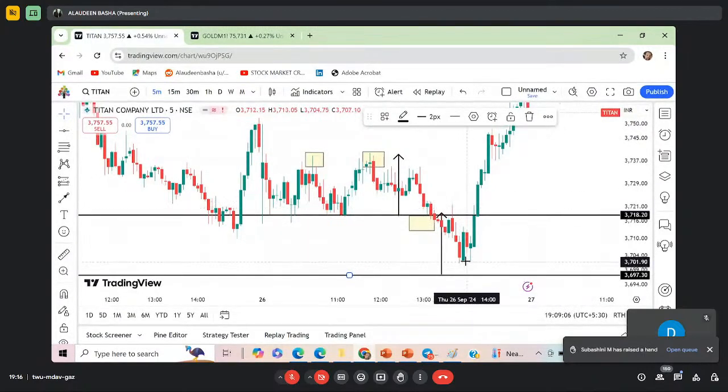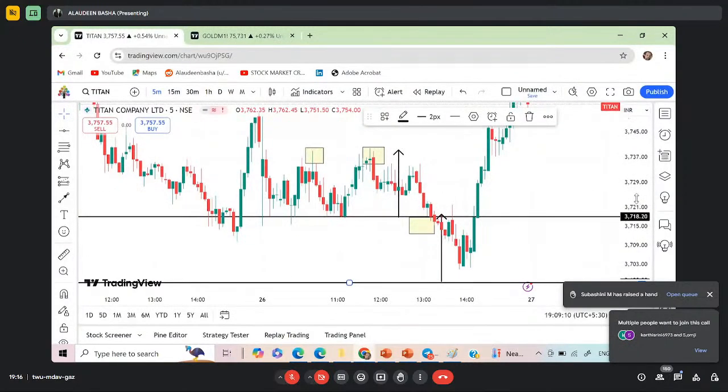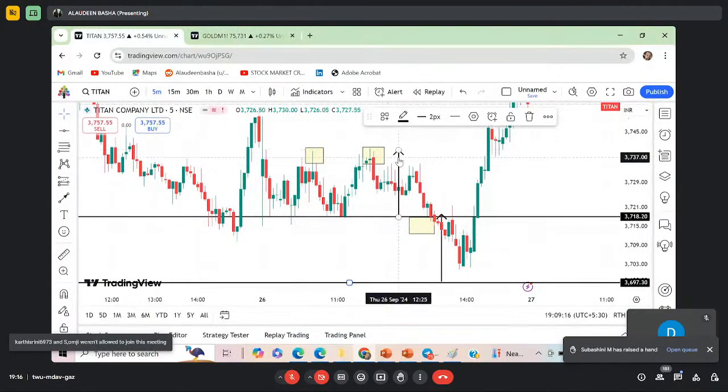Maybe it comes here and goes to the stop loss, there's no issue, but generally you can fix the target at the previous high in the market. So this is the double top.